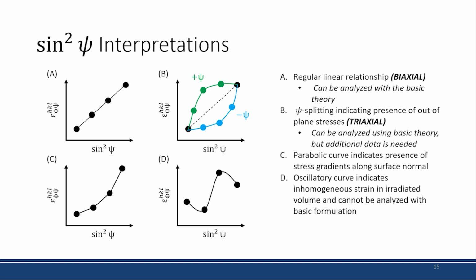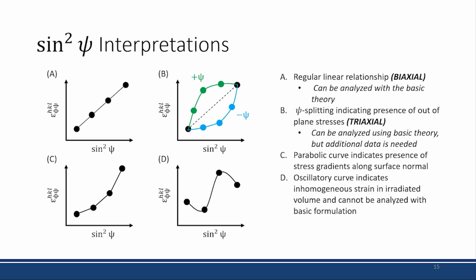This would indicate a presence of an out-of-plane stress. So this is still calculable and you can still compute this, but you need additional information. So in addition to tilt angles in the positive direction, you will also then need tilt angles in the negative direction. And then by averaging those together, you can get that linear line.